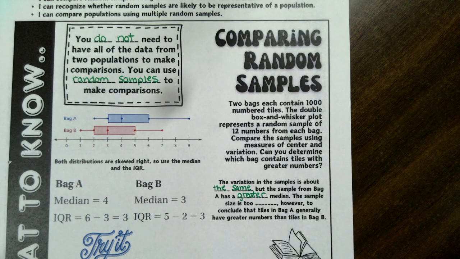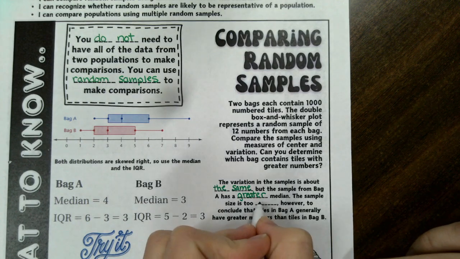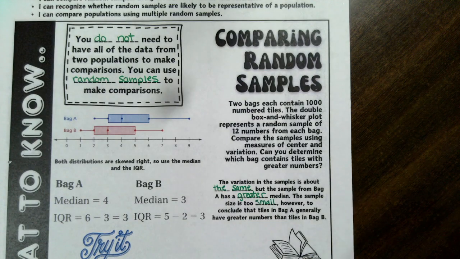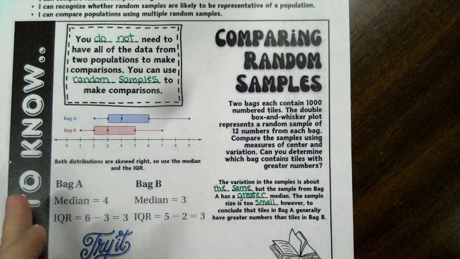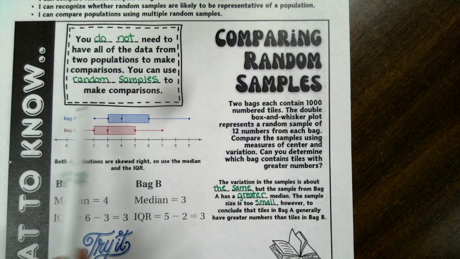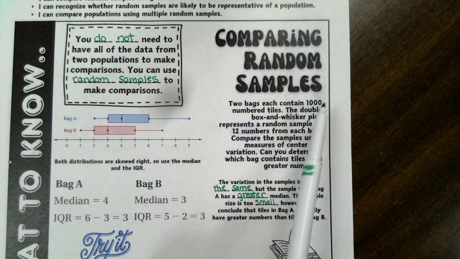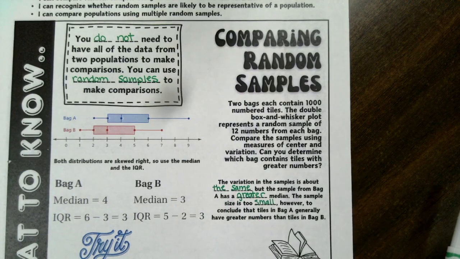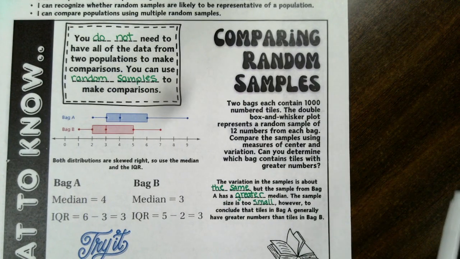The sample size is too small, however, to conclude that tiles in bag A generally have greater numbers than tiles in bag B, which makes a lot of sense, right? This isn't a very large sample. There's 1,000 numbered tiles, and we only sampled 12 out of those 1,000. This is not a large enough sample to conclude that bag A has higher numbers than bag B.